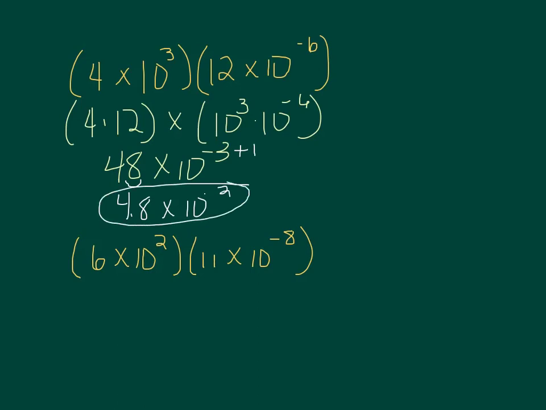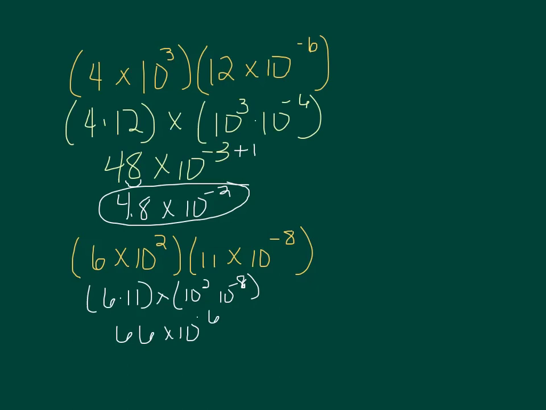Again, I'm going to regroup. So I can take 6 times 11, and then I can take 10 to the second times 10 to the negative 8. Oops, sorry, that's an 8. All right, so 6 times 11 is 66 times 10, and I have 10 to the second times 10 to the negative 8. I'm going to add 2 plus negative 8, which gives me negative 6.